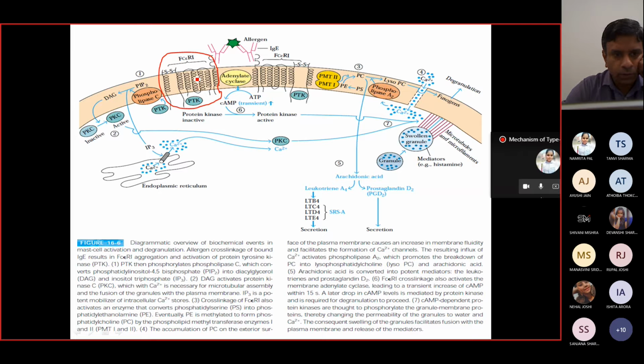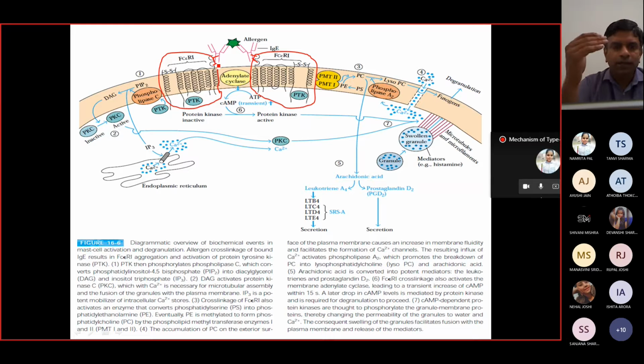This is one receptor and this is the second receptor. To have cross-linking you need at least two receptors. What is binding to these receptors? It's your IgE, right? So it is interacting with the alpha chain through the CH3 domain and CH4 domain.